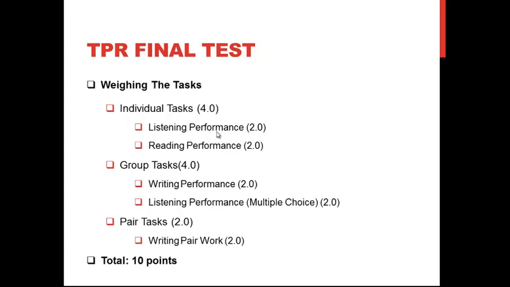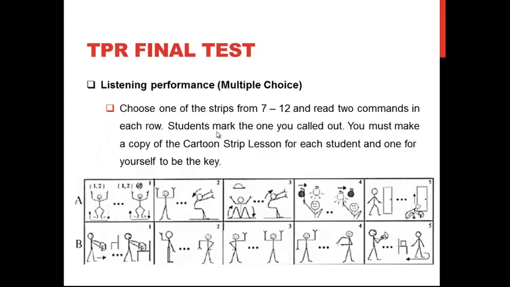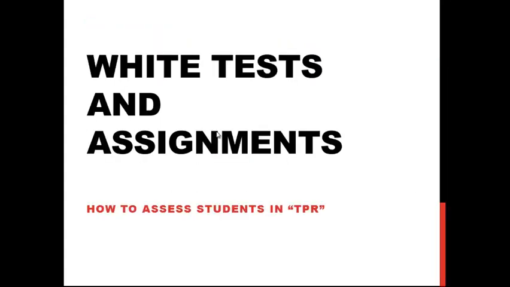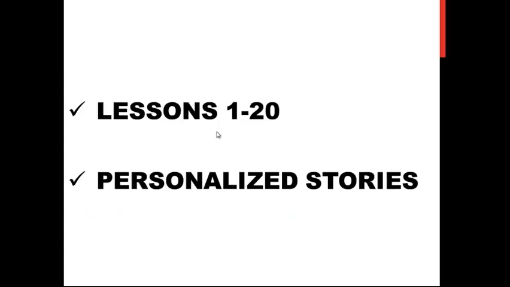After you do all this, after you get all these grades and all the assessments, tests and assignments, you should be ready to put the grades on the report card. But this is just for the tests and assignments from lessons 1 to 20 and the personalized stories, that first phase right there.